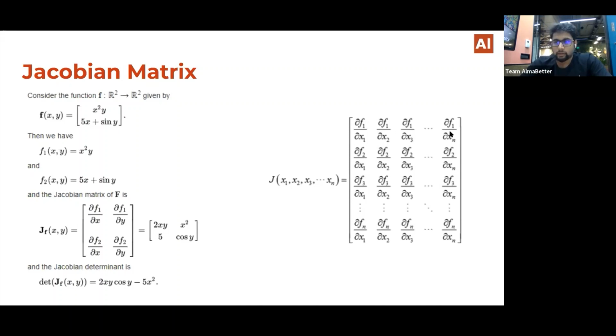So you can assume that the number of functions and the number of variables on which those functions are built are the same. Only then we can have these kinds of constructs. Okay, great. So I hope the Jacobian matrix construct is clear. How do you form it? So f1 over x1, f1 over x2, f2 over x1, f2 over x2.